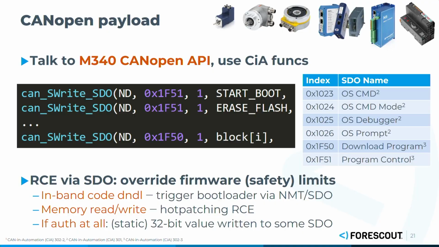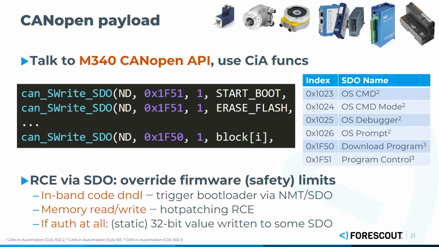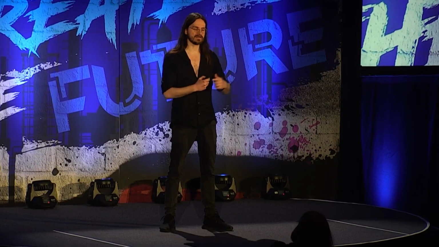So we can now talk to the M340 CANopen API and use these standard functions that are part of CAN in automation, where you have different service data objects that allow you to get code execution on the field devices themselves. For example, through in-band code downloads that allow you to download application logic or firmware to these field devices, or in some cases just have arbitrary reads and writes to the memory of these field devices to debugger functionality that's exposed through a different SDO.